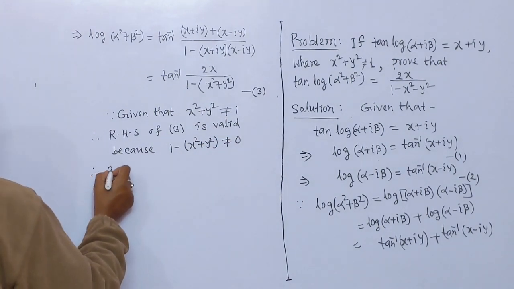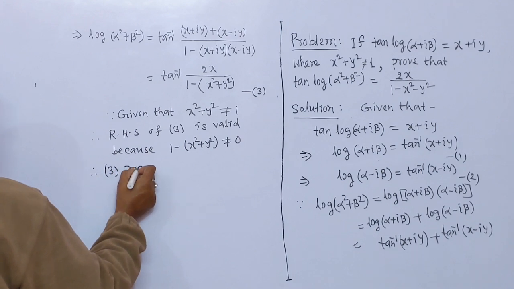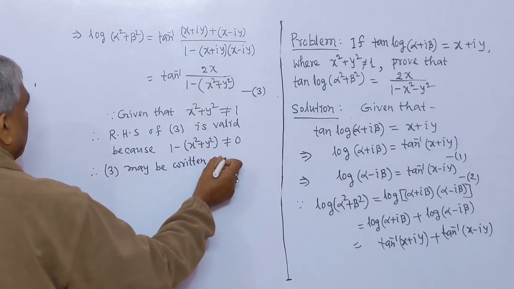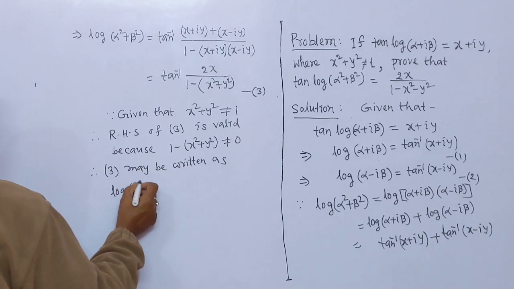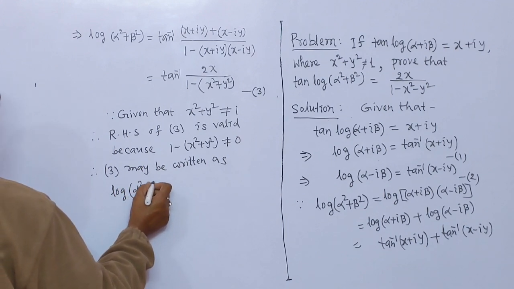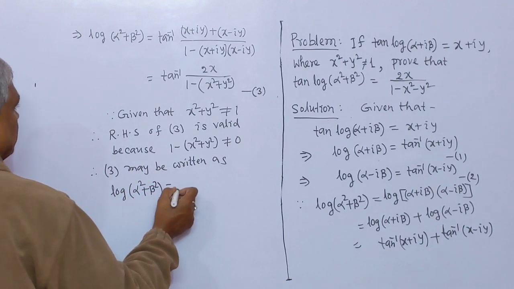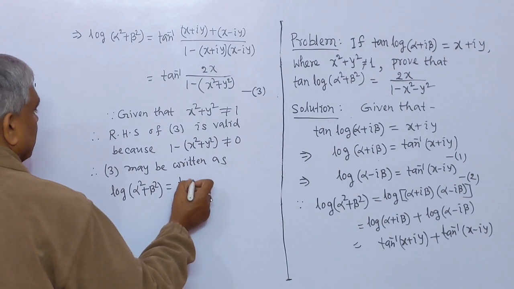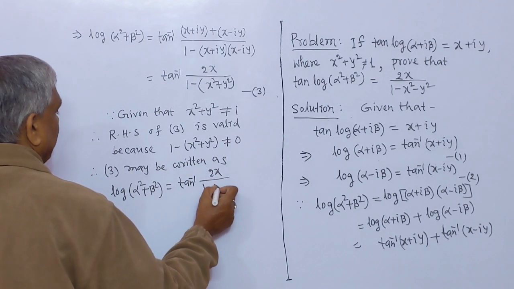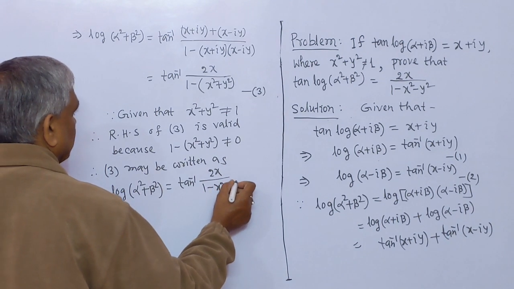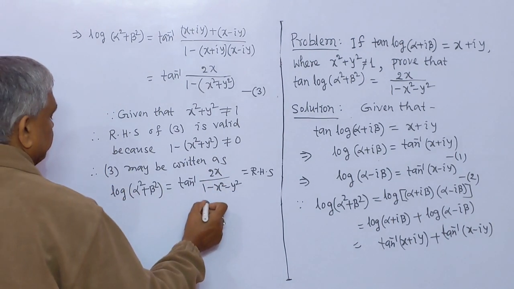Therefore, 3 may be written as log(α² + β²) equals tan⁻¹(2x/(1 − x² − y²)). Proved.